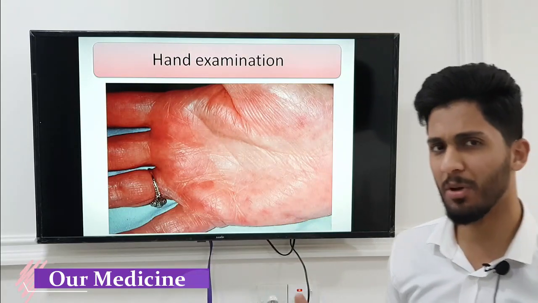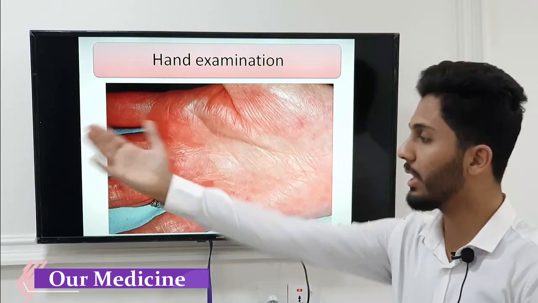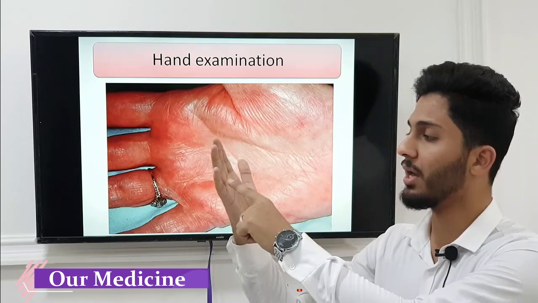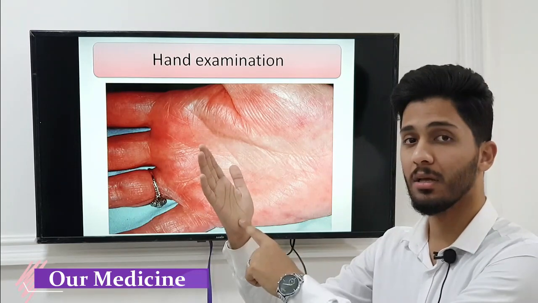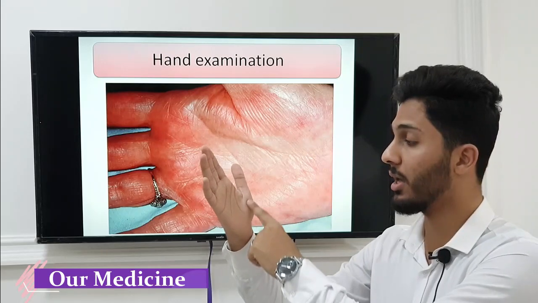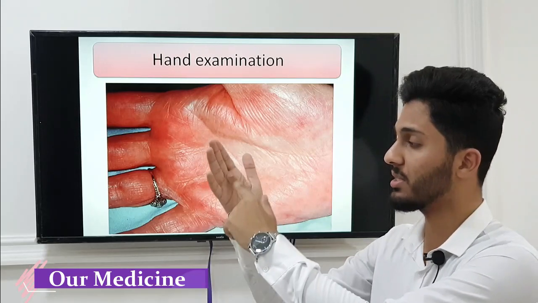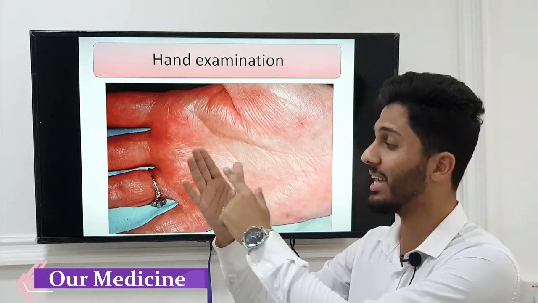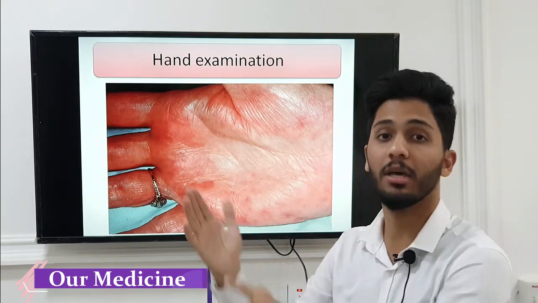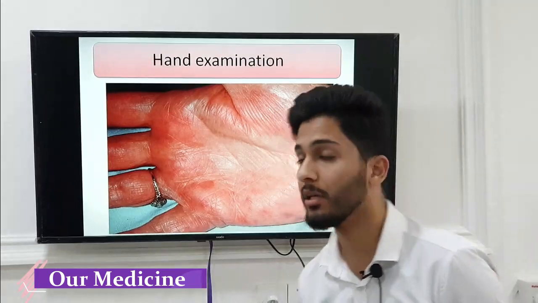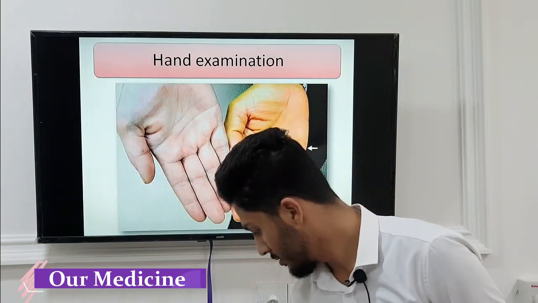Where will you find it? In the thenar and hypothenar eminences on the palms. Erythema means redness in the palm on the eminences.